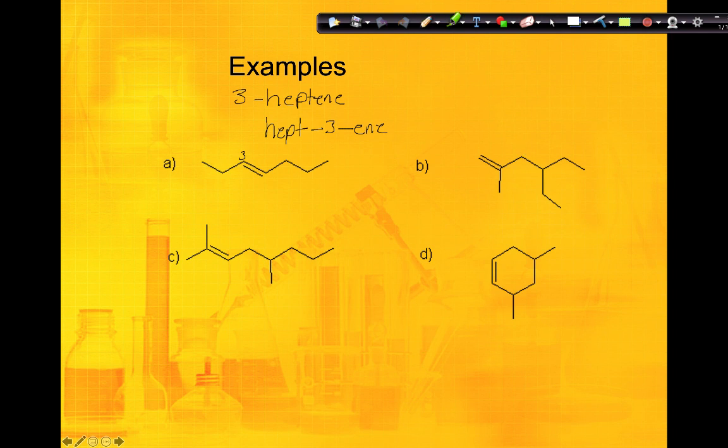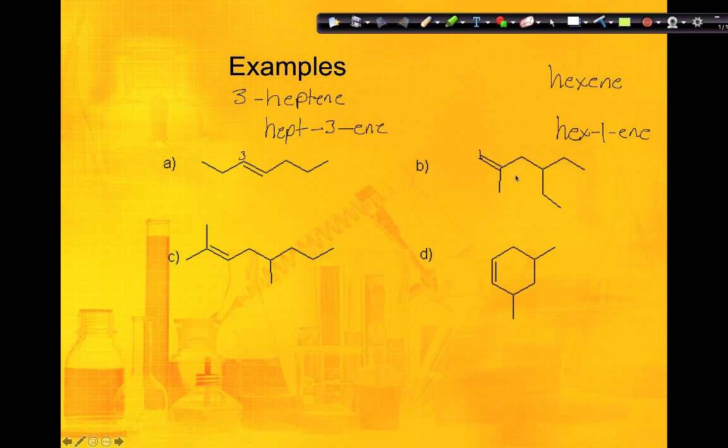So it's going to be 6, which is hex. And then we have to number that double bond, so you give the double bond precedence, so it's going to be 1. It's at the very beginning. So we could do hex-1-ene, but really, because it's on the first one, you can just say hexene. Just because it's on the first one. If it was anywhere else on the molecule, you have to indicate where it is.